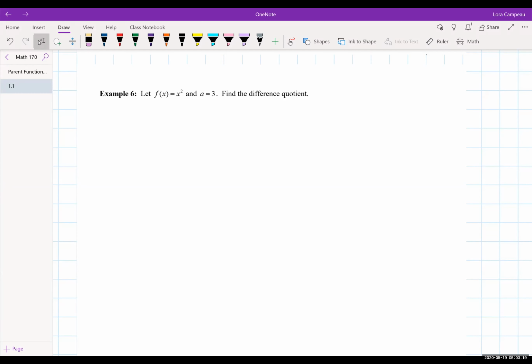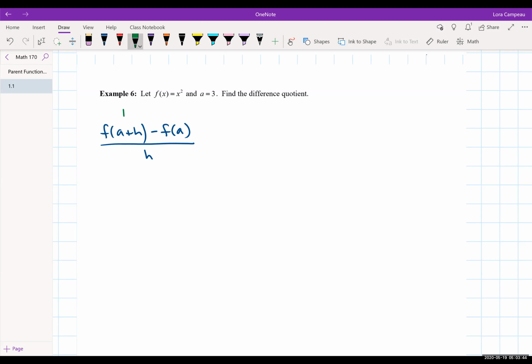So the first thing I always do for myself is write out what the difference quotient is. So if I can, I'll write it out over here. Difference quotient is defined as f of a plus h, subtract off the function evaluated at a, and it's all over h. And if we look at what we're dealing with, there are three parts.